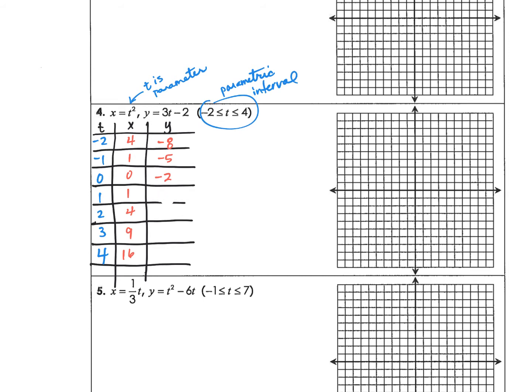And I'm literally just taking these right off my calculator table. Okay. I am now going to go into my window, make sure my window is okay for all of those values. It should still be okay. And hit graph and see what the graph looks like.